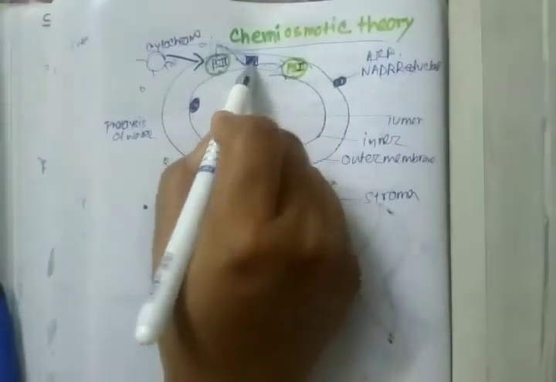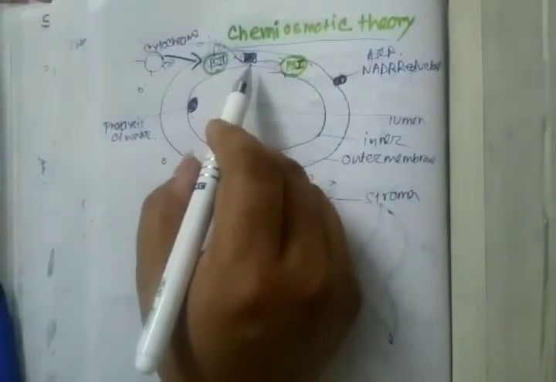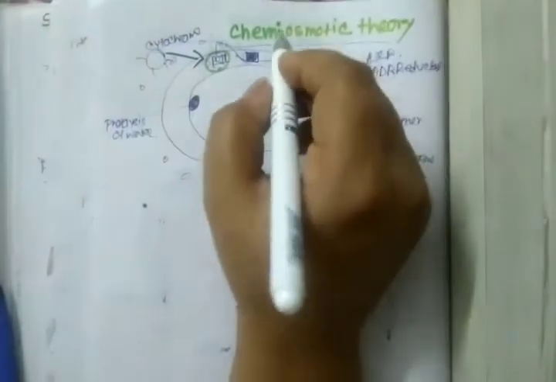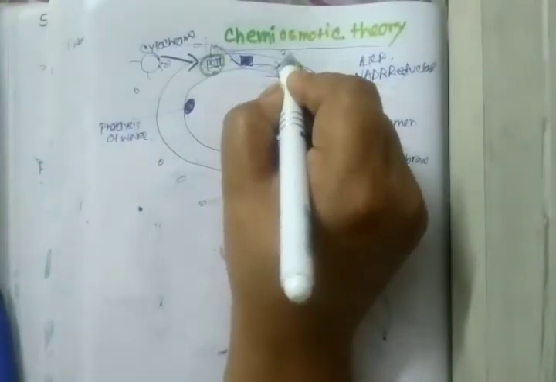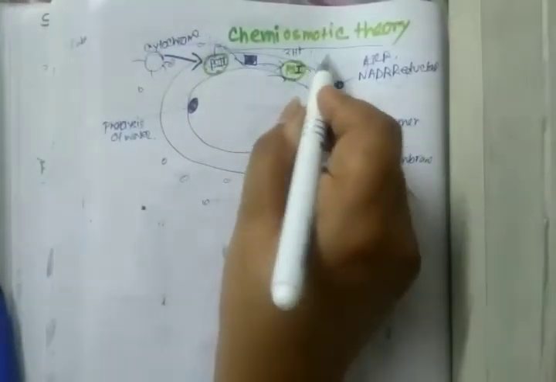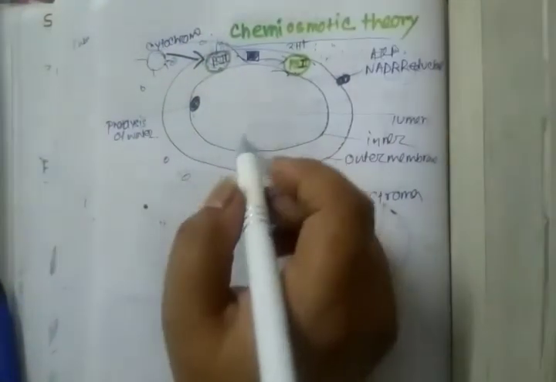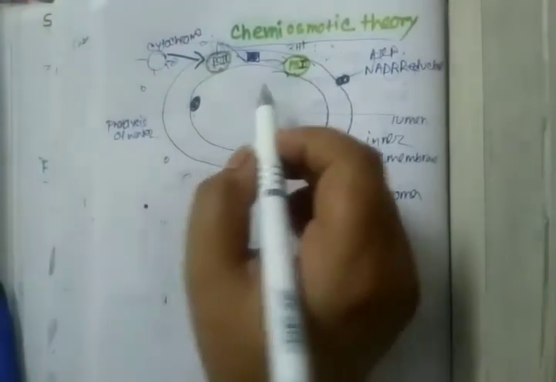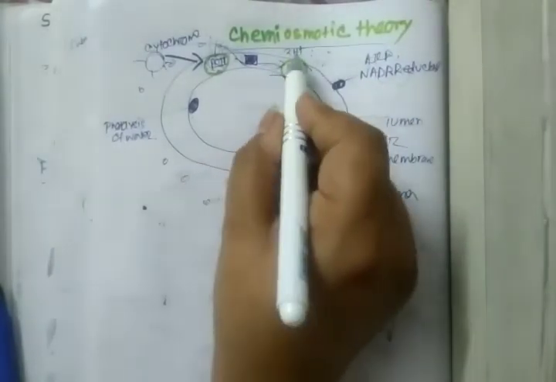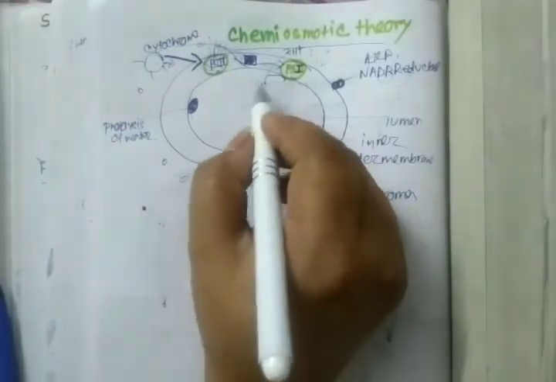When the electron is passing through the cytochrome, at that time a pair of protons which is present here, plus from the stroma, this is the stroma, using that energy it pumps that pair of protons from the stroma to the lumen.